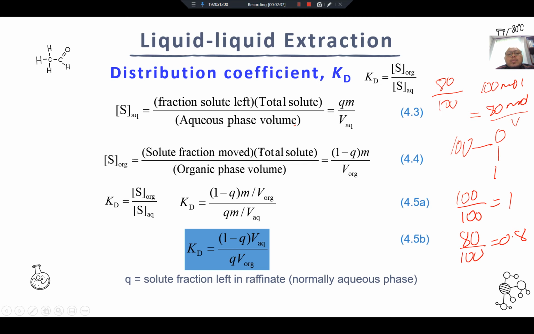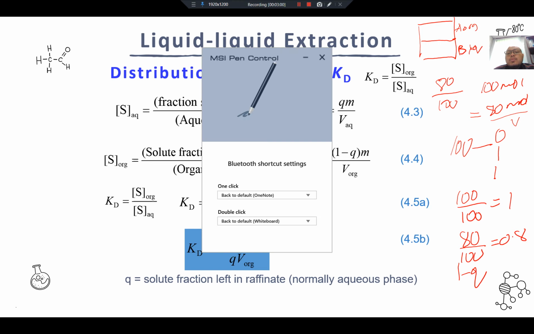How about the solute fraction moved? You need 1 minus Q. Remember, Q is the solute fraction left in the raffinate. Later I will draw this first. Let's say you have this particular phase. We have phase A and phase B. Here is the organic, here is the aqueous.